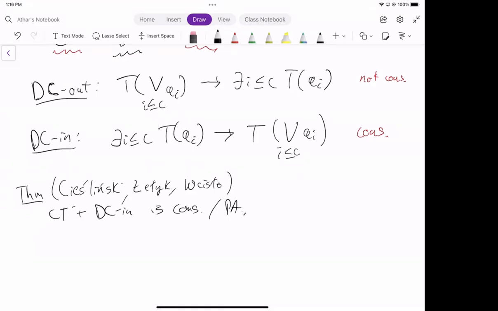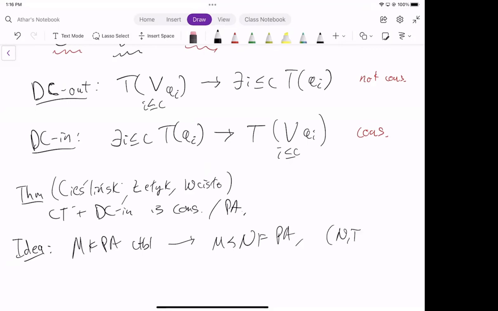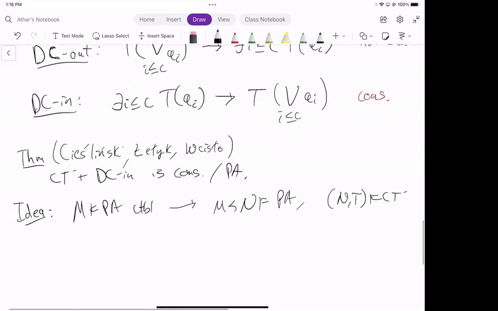So I'm not going to go through the proof of this, but the idea is quite interesting. Essentially, if you have a countable model of PA, you can build an elementary extension to a model of PA that has an expansion to a model of CT minus which makes all disjunctions of non-standard length true.